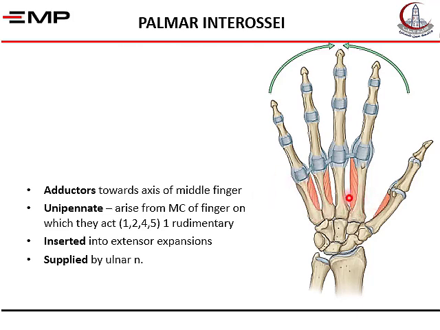They arise from the sides closer to the middle finger. They wind around the finger to reach its dorsum, where they are inserted into the extensor expansions. They are all supplied by the deep branch of the ulnar nerve, and as I said, they are adductors to these fingers.